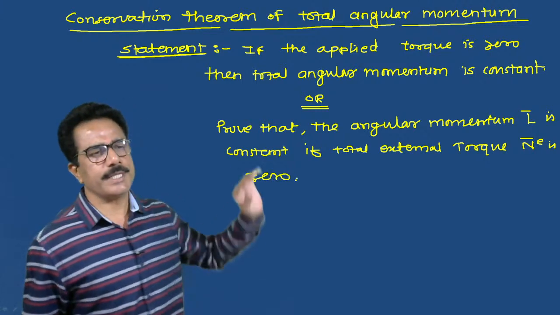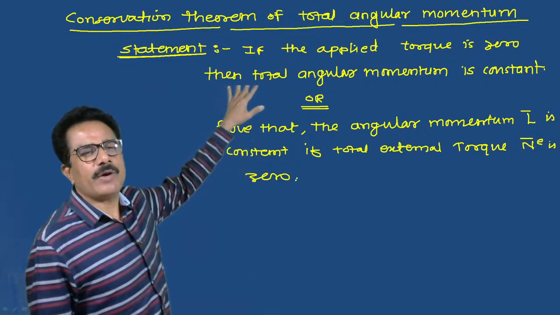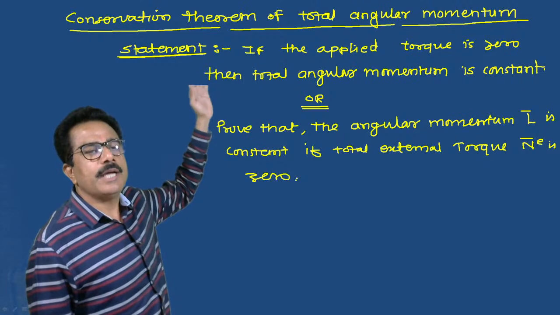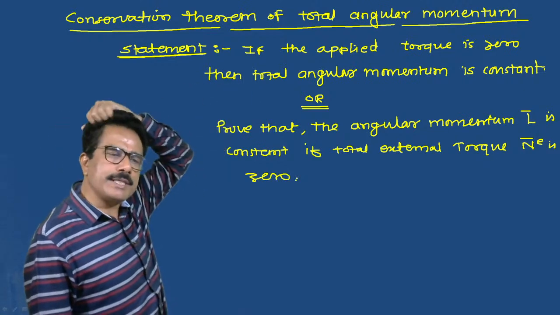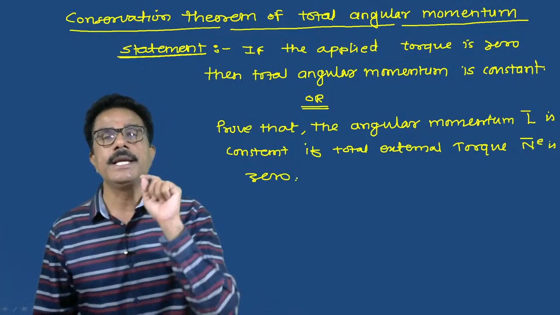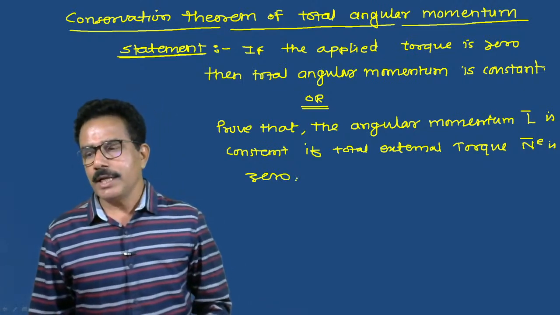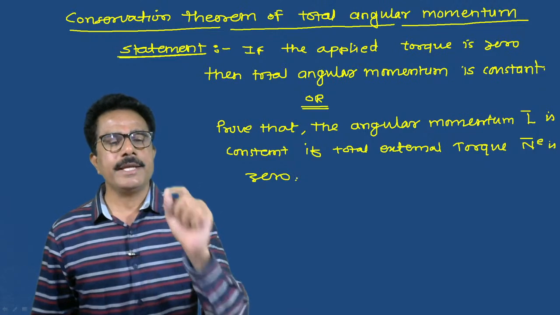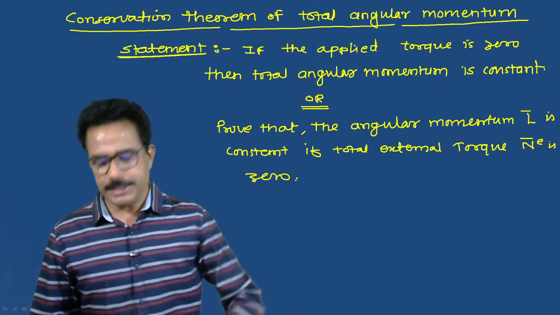We have to prove this theorem. If the applied torque is 0, then we have to prove the angular momentum is constant. That means the angular momentum L bar is constant if the total external torque Ne bar is 0. Now the same process we have to consider here.